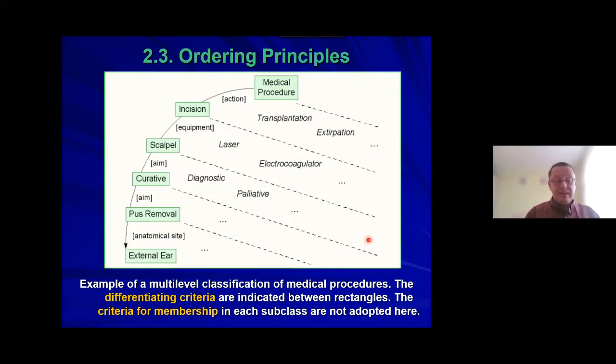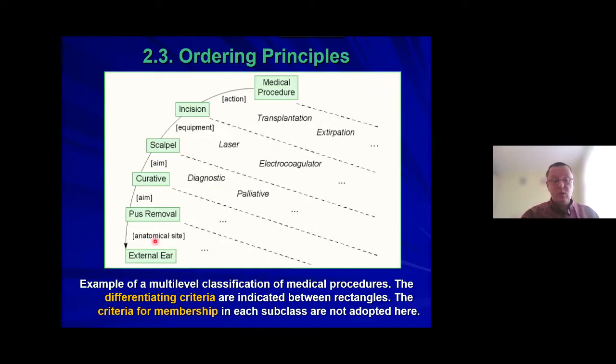And again, as an example, if we use multi-level classification of medical procedures, the differential criteria are represented here between these rectangles. It's only if we talk about medical procedures with the aim to provide treatment of the external ear.